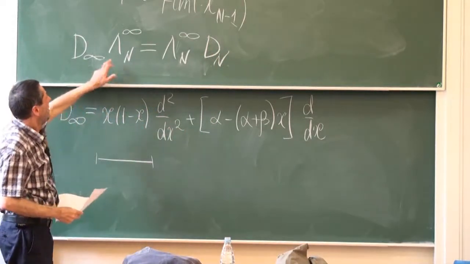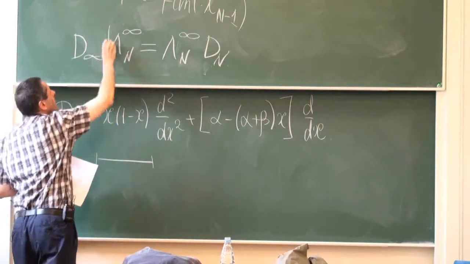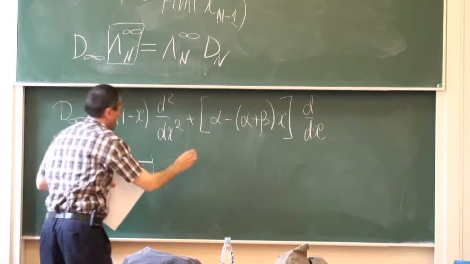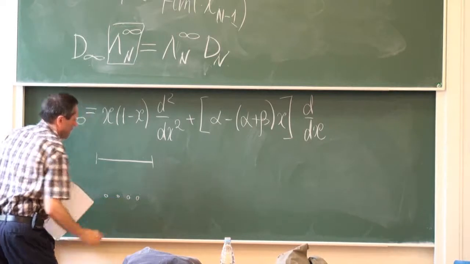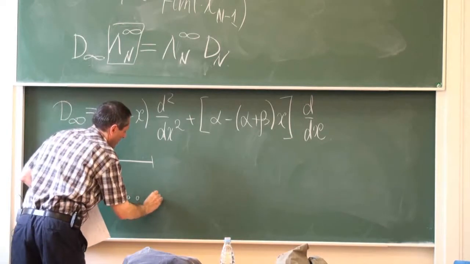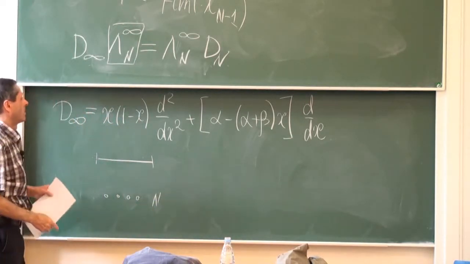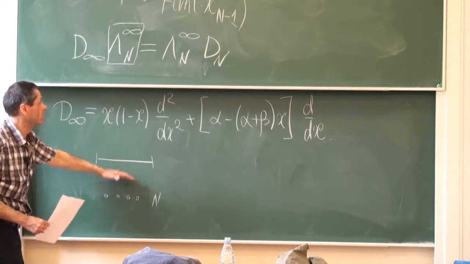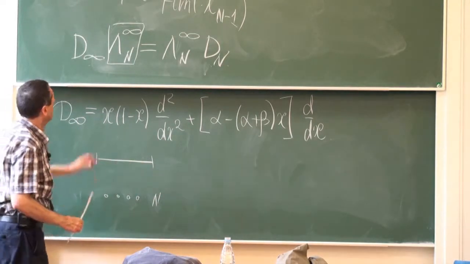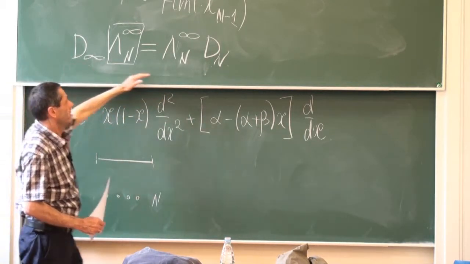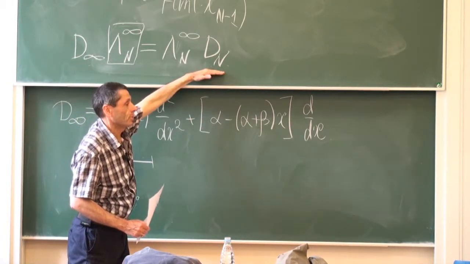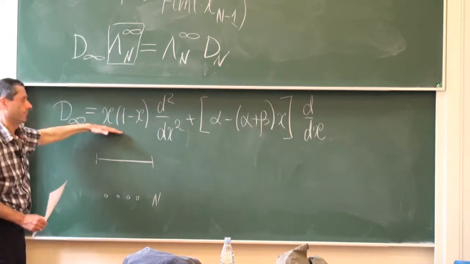That is, this link which relates the closed interval with the set of level n by means of a binomial distribution. It is an intertwiner between this difference operator and this differential operator.